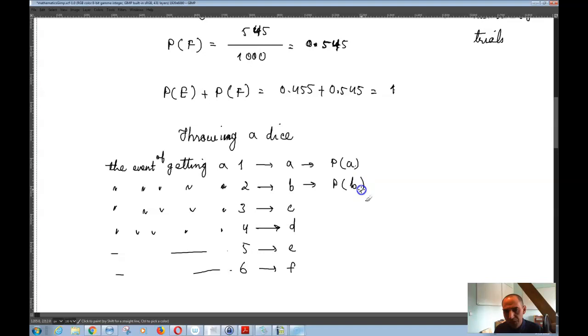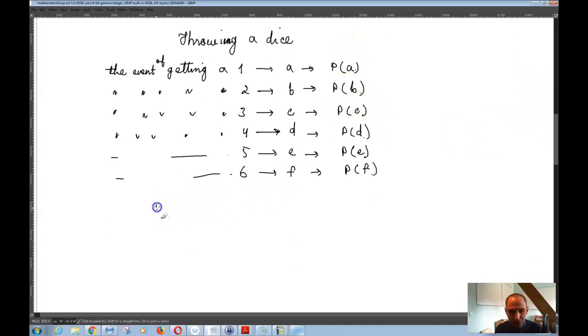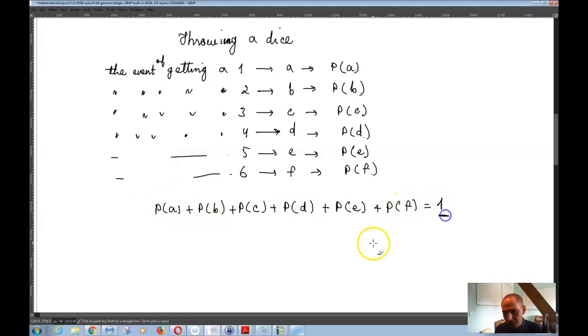I can calculate P of B, P of C, P of D, P of E, and P of F. In this experiment, if you add P of A plus P of B plus P of C plus P of D plus P of E plus P of F, all the 6 possible outcomes of this experiment, again you will get a 1.